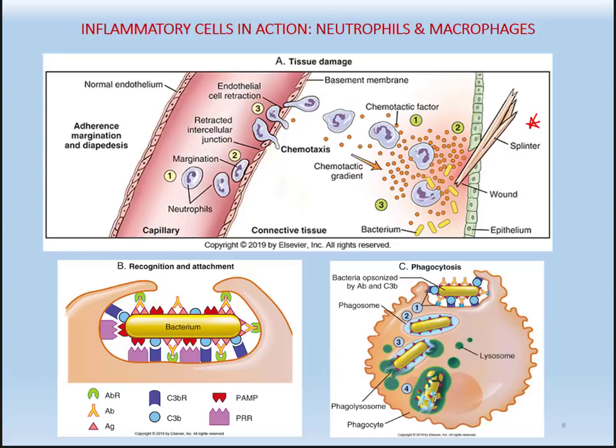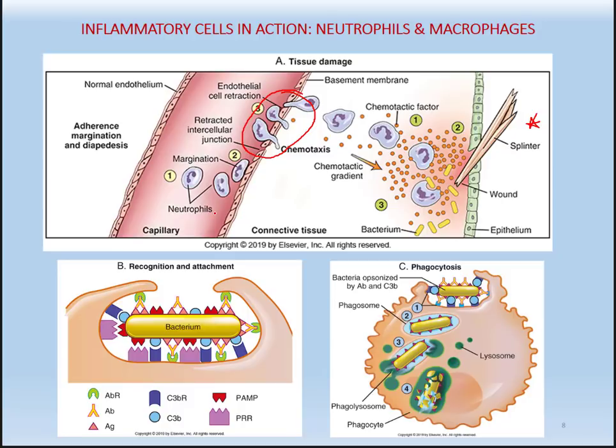And so the macrophages are going to release chemotactic factors that will attract neutrophils to the area, but they will also cause the vessels to dilate and to allow for the passage of substances through, in between the endothelial cells.